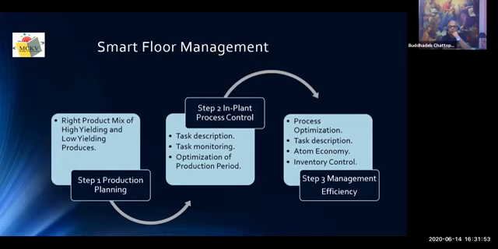Step two is the plant process control, where I mean the task description very clearly, task monitoring, optimization of production period. And then comes step three, that is management efficiency, which brings process optimization, task description, atom economy, I always say about atom economy, will come later on, and inventory control.